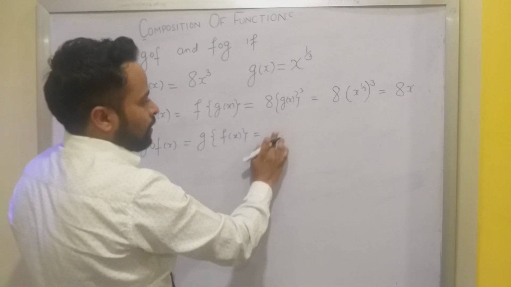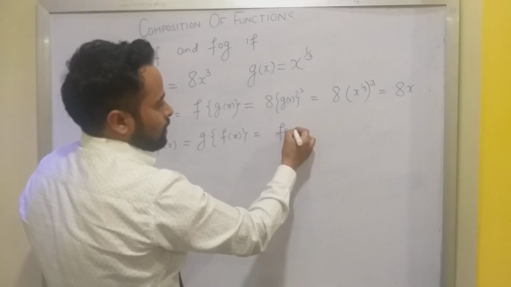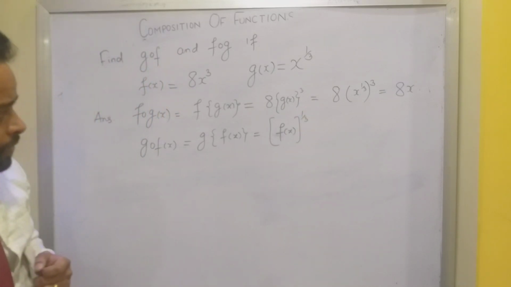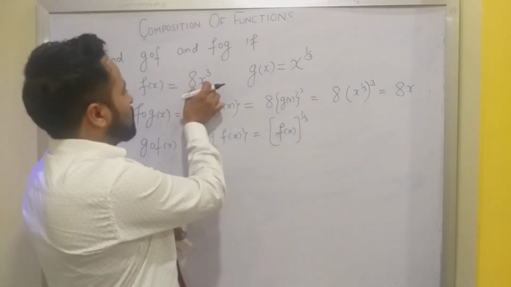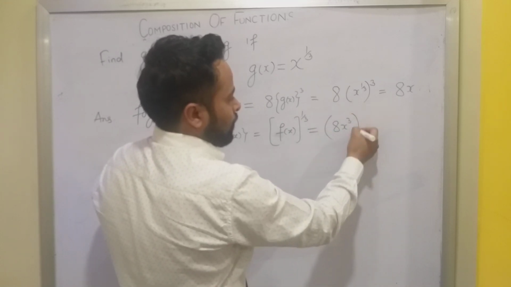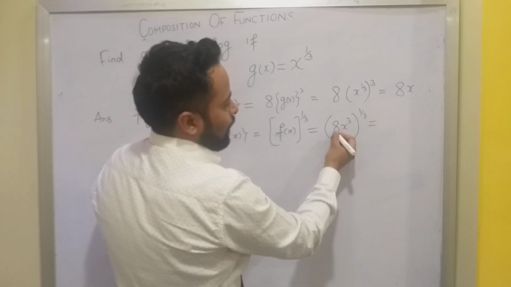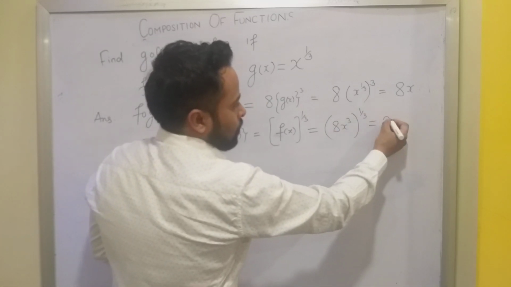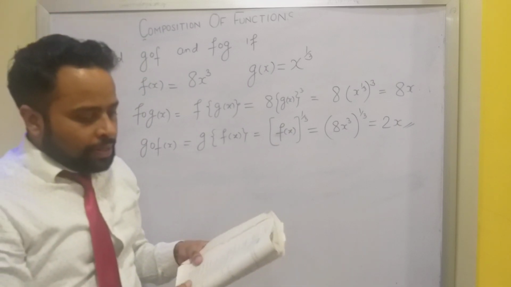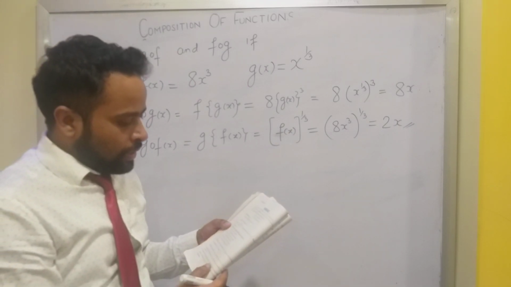What is x? x is f of x. So f of x to the power 1 by 3. Now what is f of x? f of x is 8x cube. 8x cube to the power 1 by 3. 8 becomes 2. 2x is the answer. So there are very simple questions in the exercise.